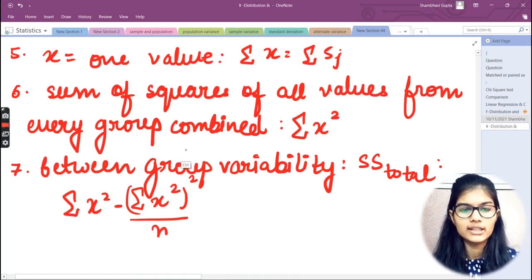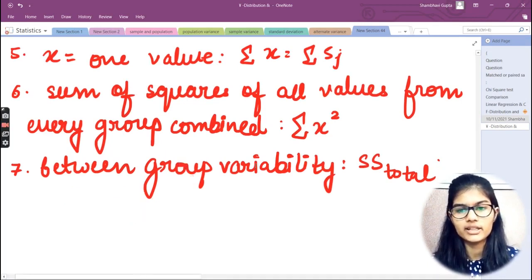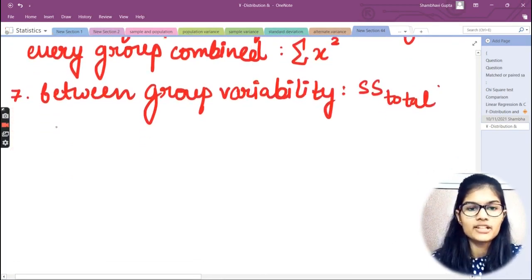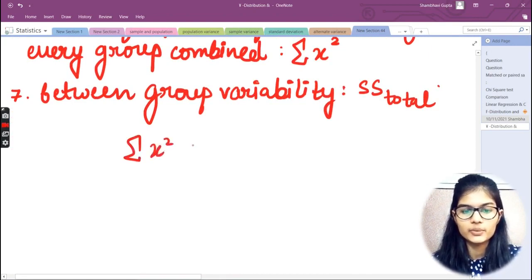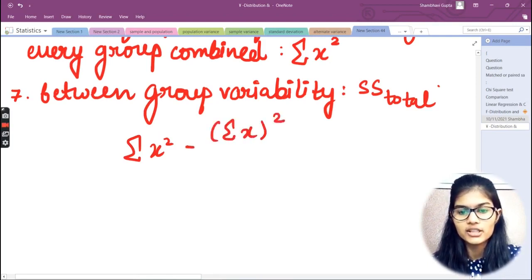Okay, one sec. Okay, that's too much of a mess right here, right? So let me just go down and get some space for me to write. Fine. So the formula which we have for this is sigma x square minus, in the bracket sigma x, with the bracket squared, divided by n.